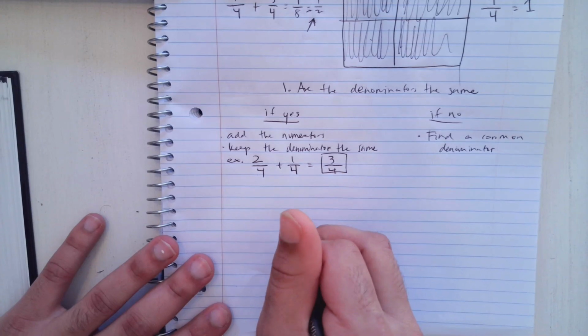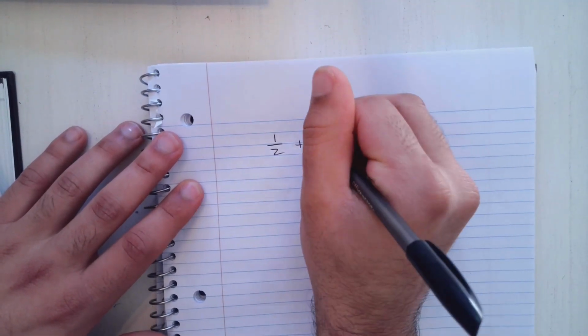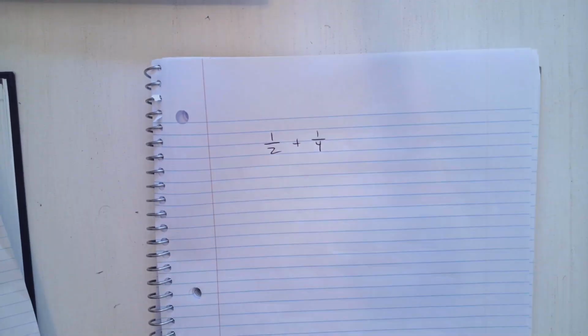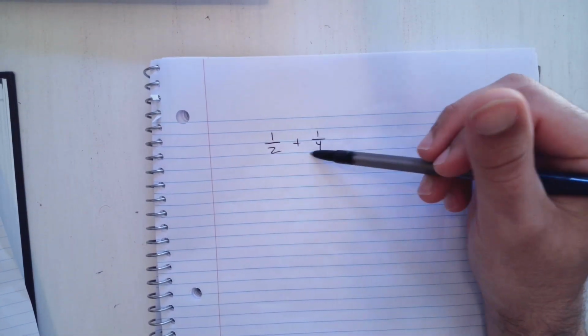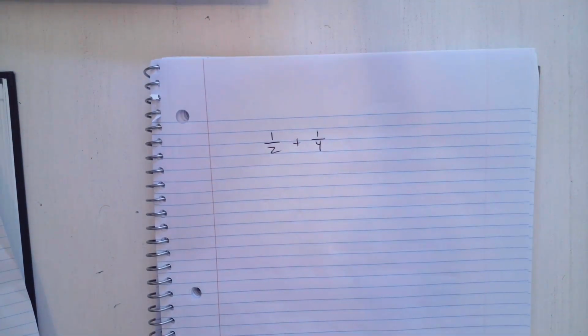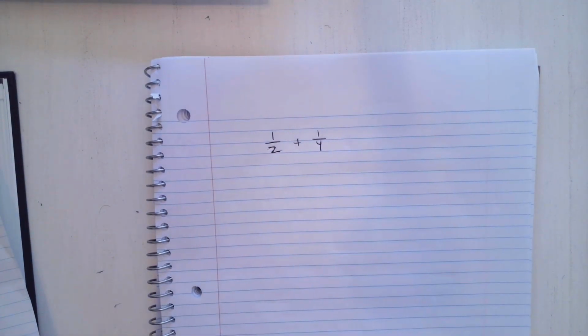So let's say we have 1/2 plus 1/4. Okay, so how would you go about finding a common denominator for these two numbers? Any ideas, any thoughts, anything you can remember?